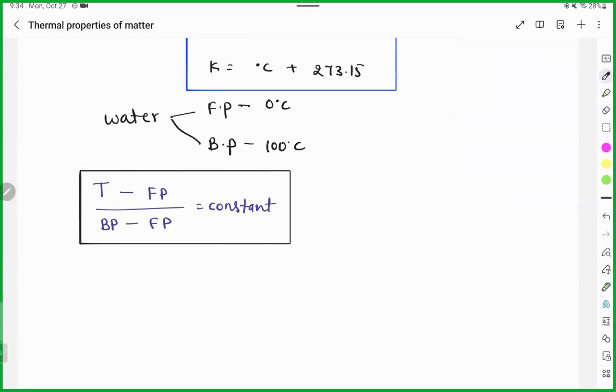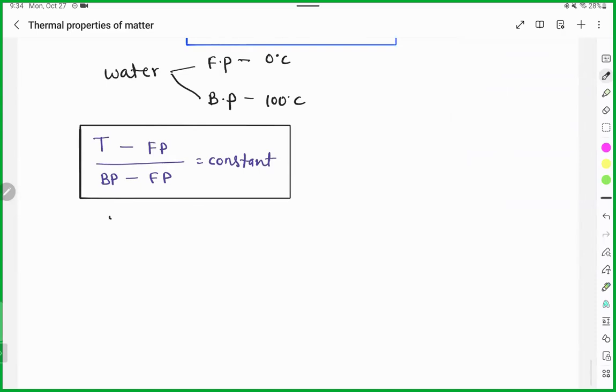Example, if you take degree Celsius, 0 degree Celsius is freezing point, boiling point is 100 minus 0. In Fahrenheit, freezing point of water is 32, boiling point of water is 212 minus 32.